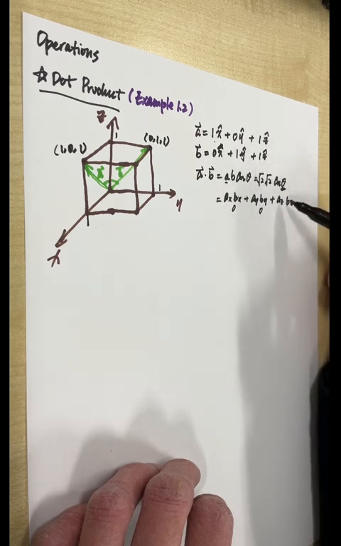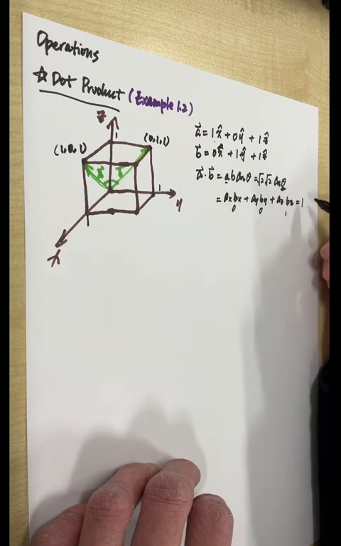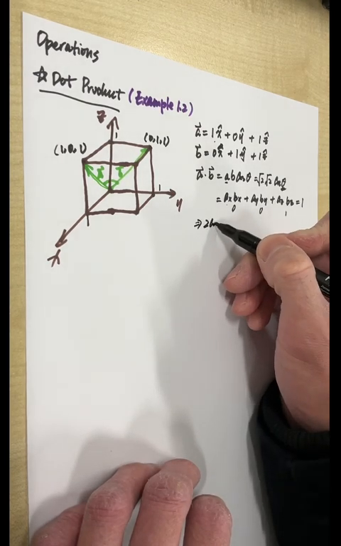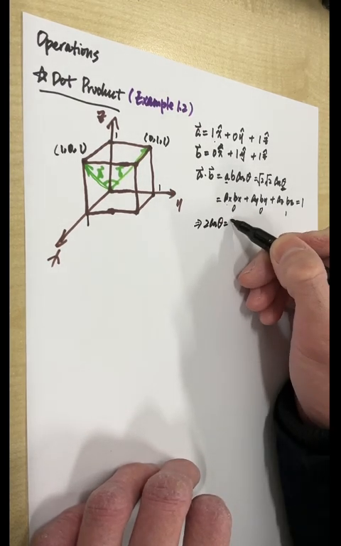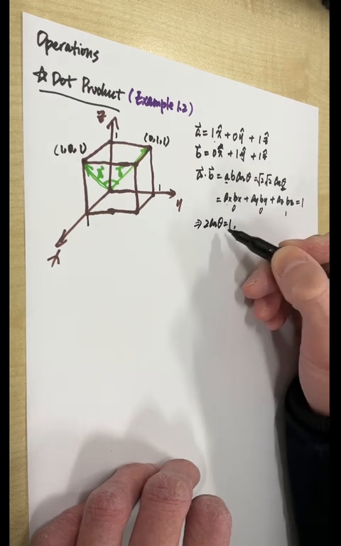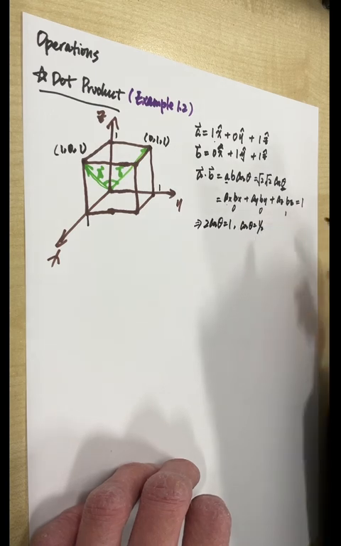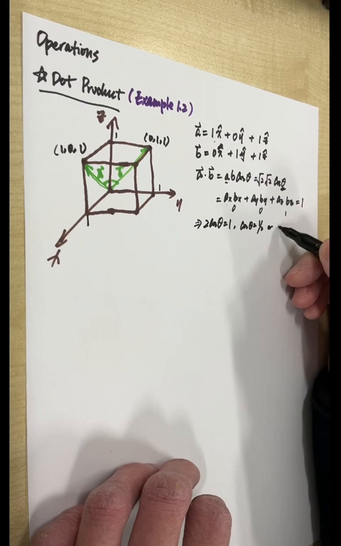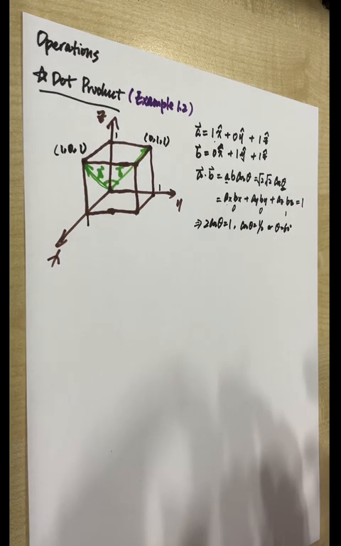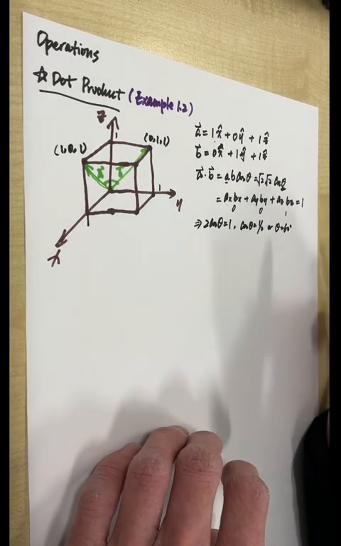And then Az is 1, Bz is 1. Now I have a value here, so this equals 1. So here what we have is 2 cosine theta equals 1. So cosine theta equals 1 over 2, or theta equals 60 degrees.